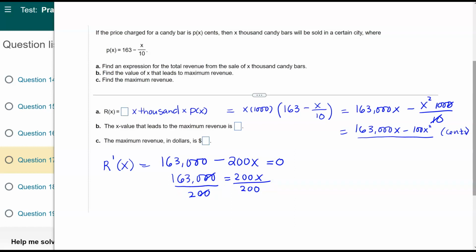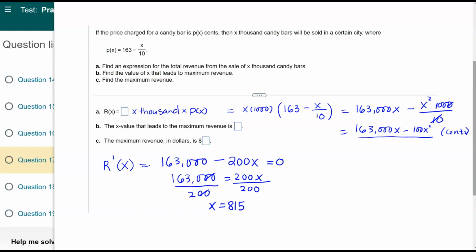So let's plug this into your calculator. So we have 1,630 divided by 2. And that is equal to 815. So X is 815.